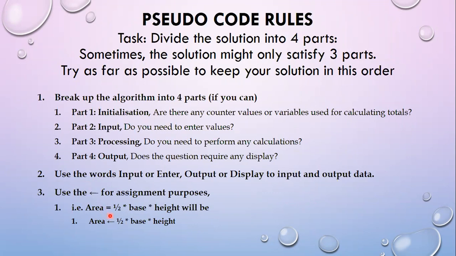Okay, so therefore if I wrote in maths, area equals half base times height, in pseudocode, I'm simply going to write area, left arrow or assign, half times base times height.